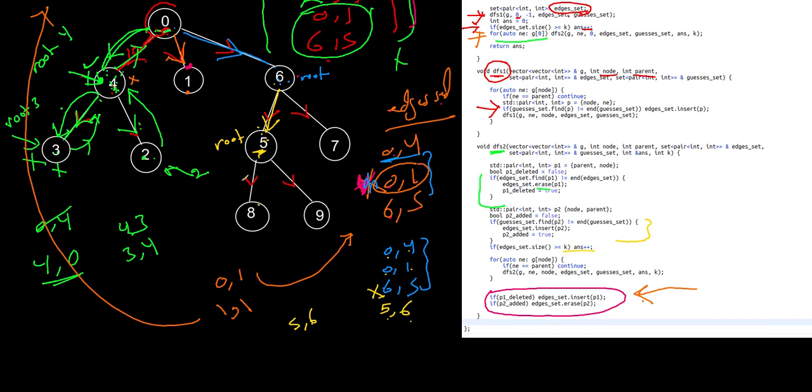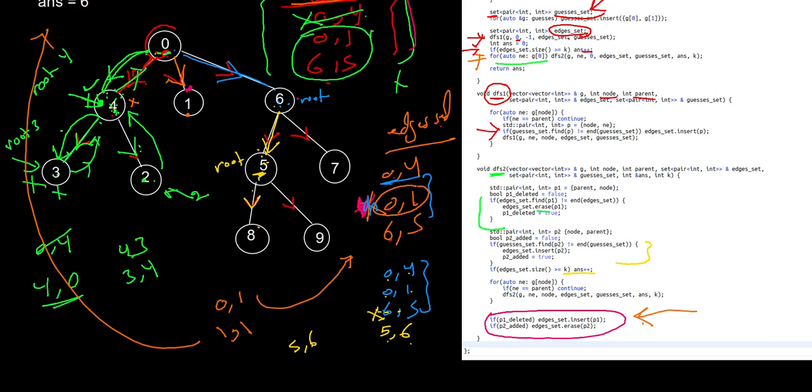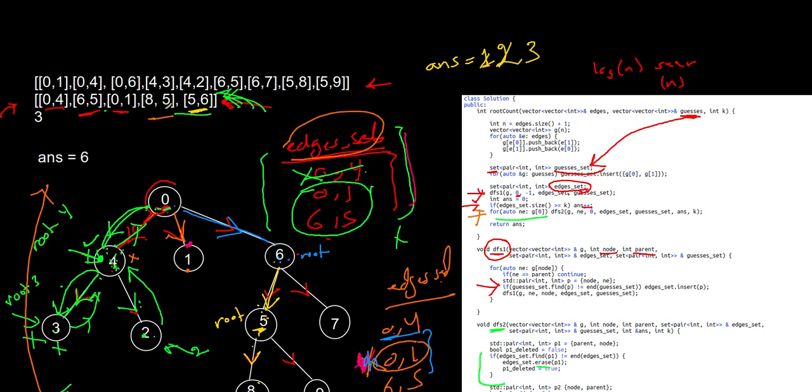Then we visit 8. 5 8, is it in the edges set? The answer is no. Now 8 5, is it in the guesses array?